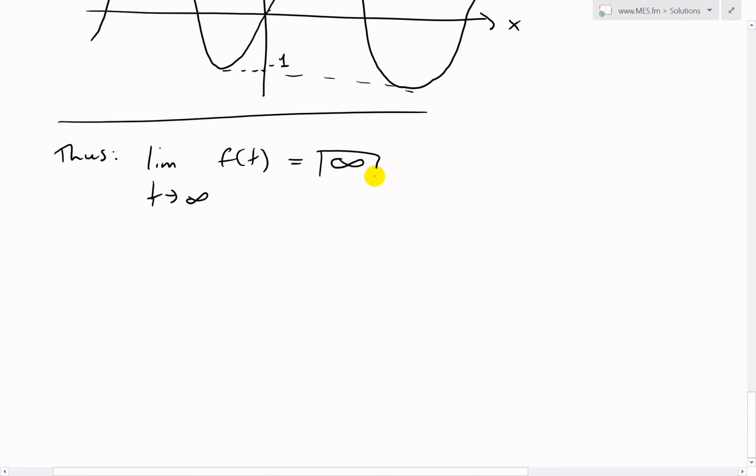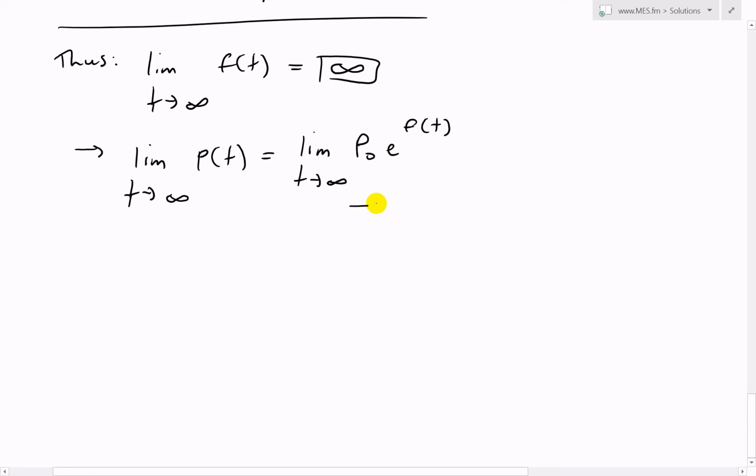So this approaches infinity, and now we look at the limit as t approaches infinity for p of t. This equals the limit as t approaches infinity of p naught, or p0, e to the power of f of t.